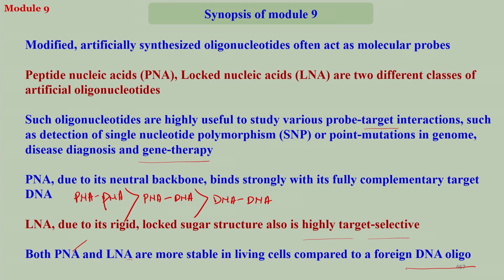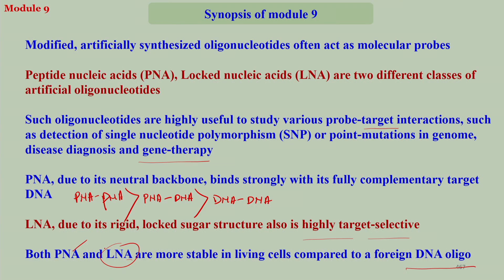It is not chopped off by the nuclease, because PNA has the peptide backbone and nuclease cleaves only the phosphodiester bonds. So, PNA is very stable. LNA, because of its locked and very unnatural structure, is also quite stable against the nuclease. So, they will persist longer in the living cells, to allow you to do your studies.